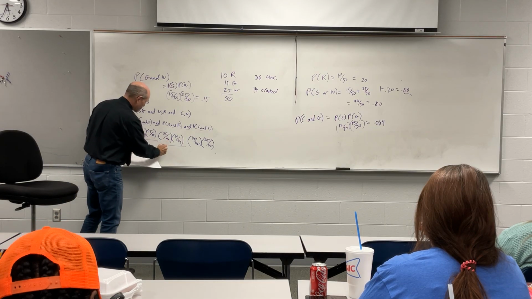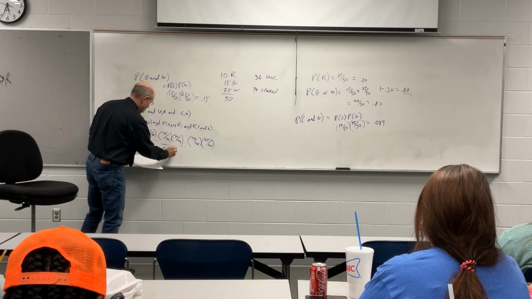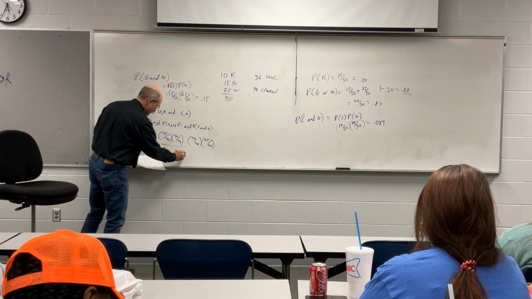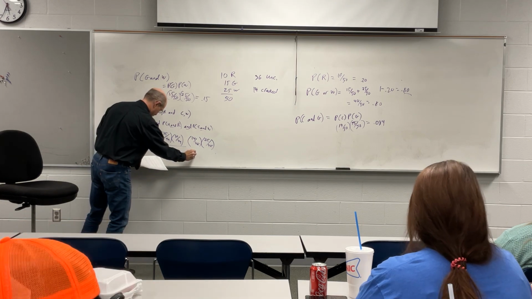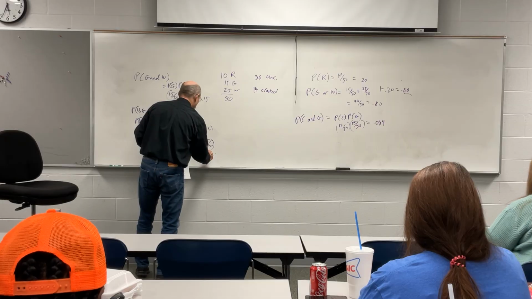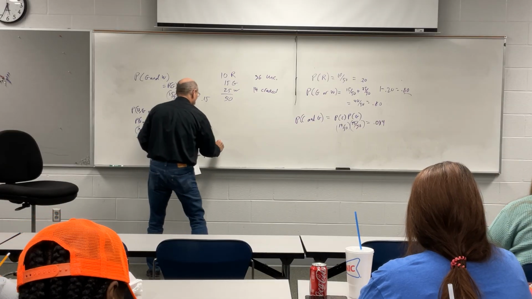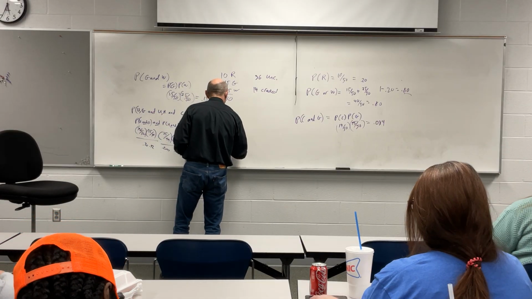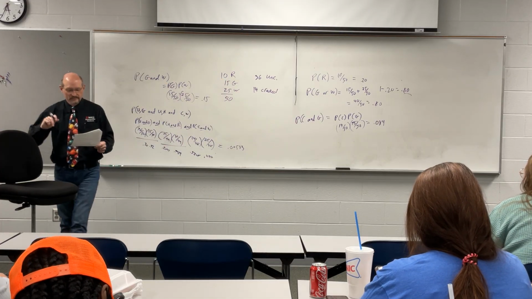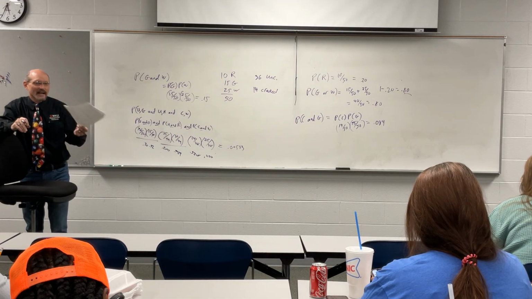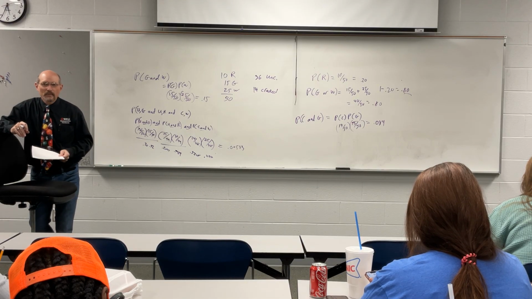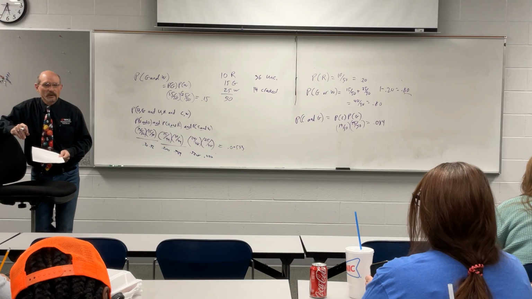This one turns out to be 0.2041 times 0.7959, and 0.2917. When you multiply all those across, you get 0.00533, or 0.0049. Some people may have gotten 0.0048, depending on where you rounded it.